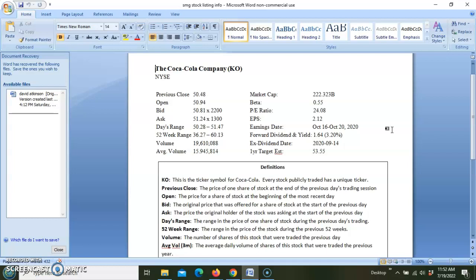When companies pay dividends in this game, the dividend will be reinvested in that company's stock automatically for you. But dividends are a good thing. And then we have the date the dividend will be declared. And finally, we have what Coca-Cola anticipates their price will be in a year. Again, if they meet that anticipated rate, their stock will do good next year.